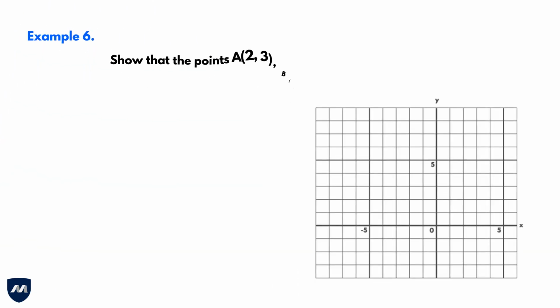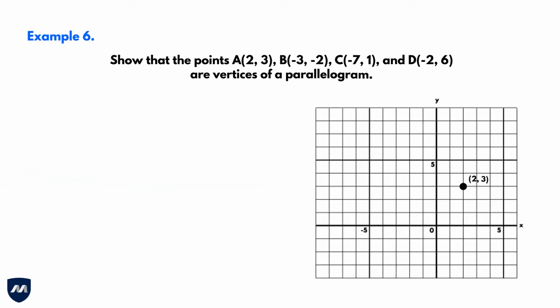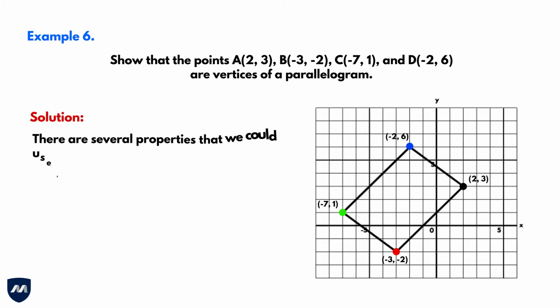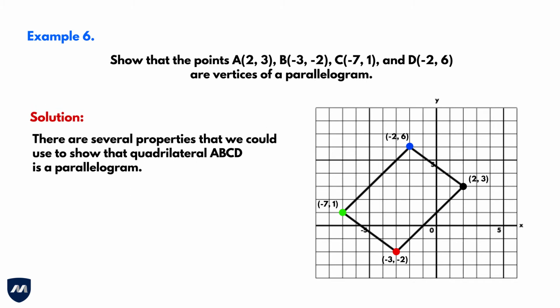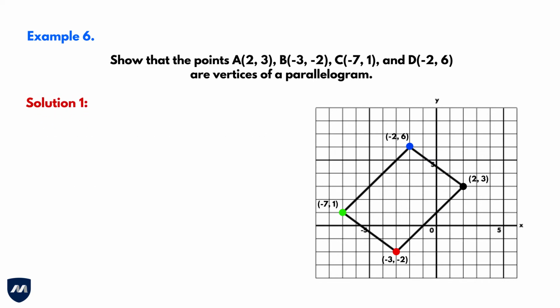Example 6. Show that the points A (2, 3), B (-3, -2), C (-7, 1), and D (-2, 6) are vertices of a parallelogram. Solution: there are several properties that we could use to show that quadrilateral ABCD is a parallelogram. First, plot the given points on the Cartesian plane. Solution 1.